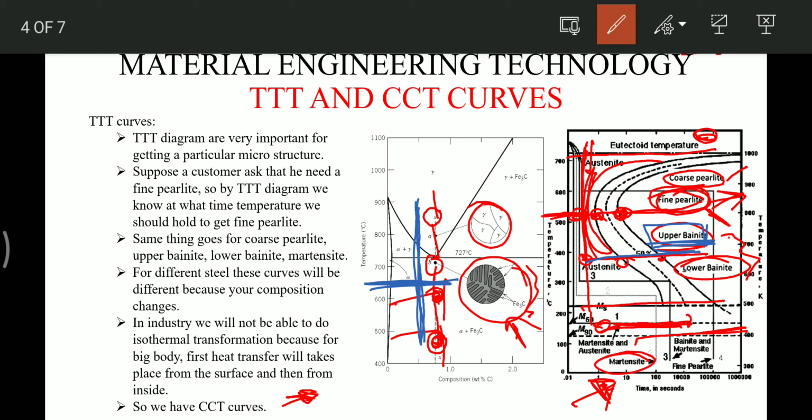So by using TTT curves, we know exactly at what temperature we have to keep the specimen for full transformation to take place, and finally we will have that microstructure in the steel. So this is the utility of these two curves.